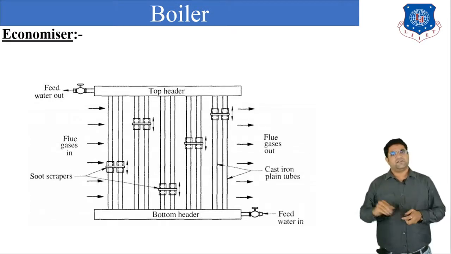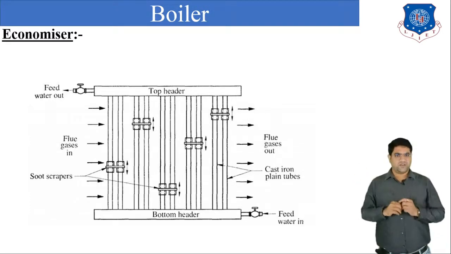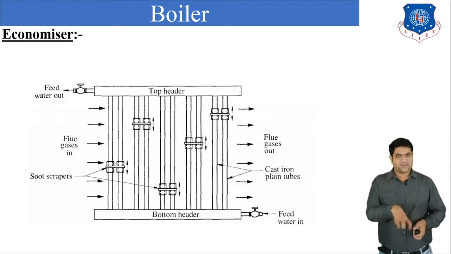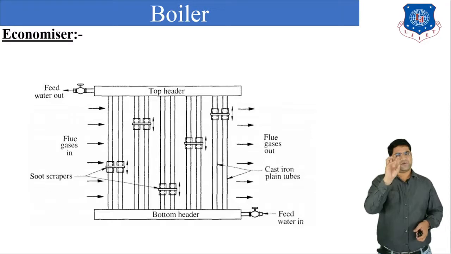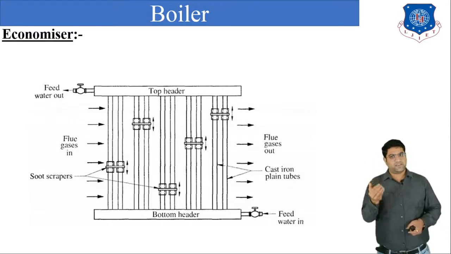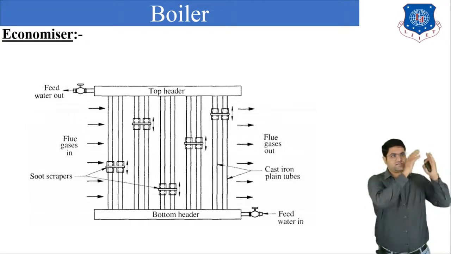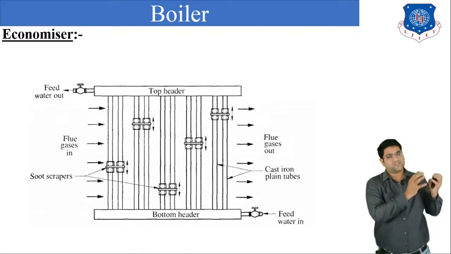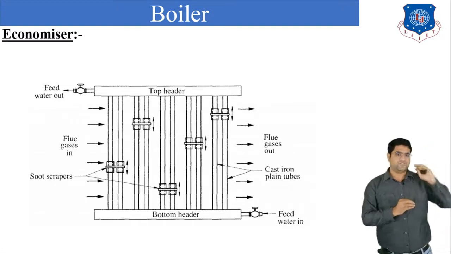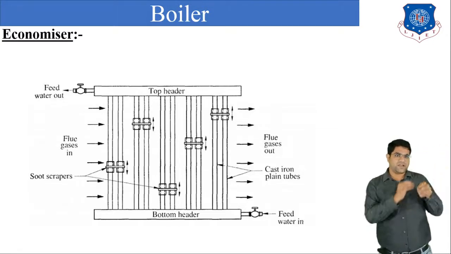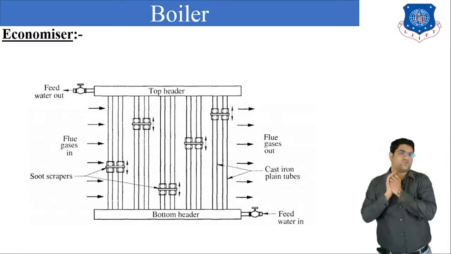We know that in the Cochrane boiler, as we have discussed, the flue gases or the fire gases are generated from the furnace. That fire gas supplies the heat to the water, and then it is collected in the smoke box, and after the smoke box it goes to the chimney. So before entering the chimney, we supply these flue gases to the economizer.